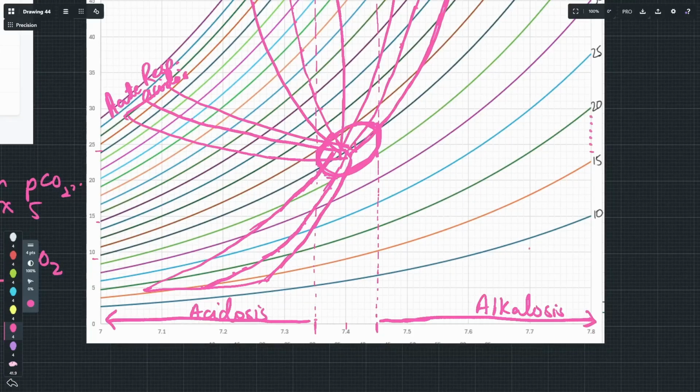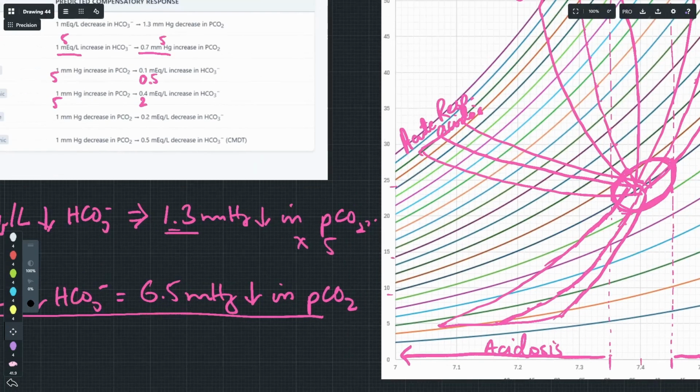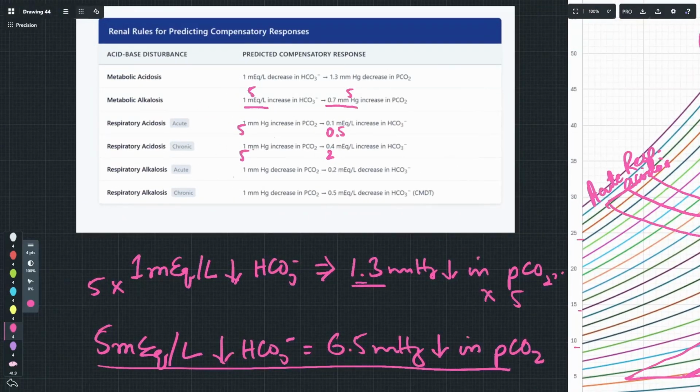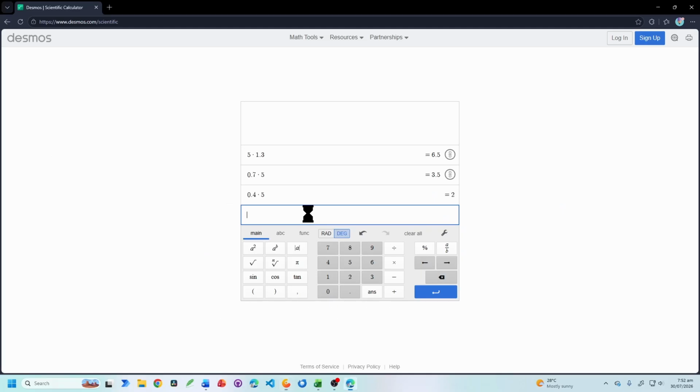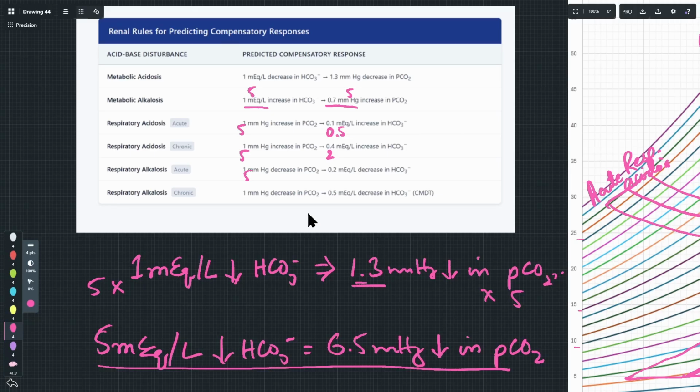Now, what about the acute respiratory alkalosis? So let's write 5 mmHg decrease in PCO2 would be 0.2 into 5, that would be 1 unit decrease in HCO3.